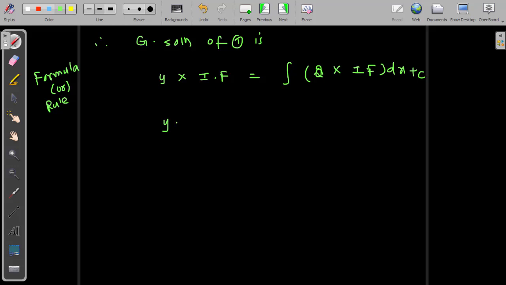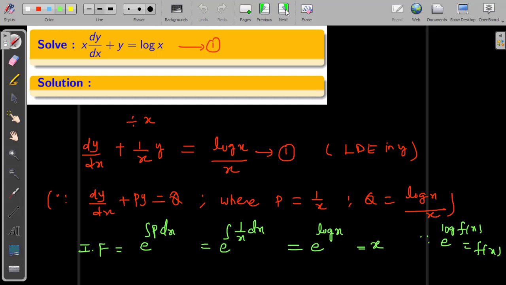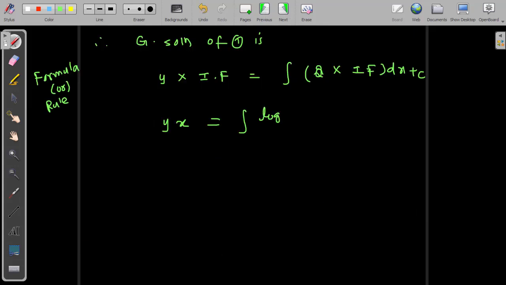Y times integrating factor is x, and on the right side Q from equation 1 is log x divided by x, and my integrating factor is x, dx plus integration constant c.